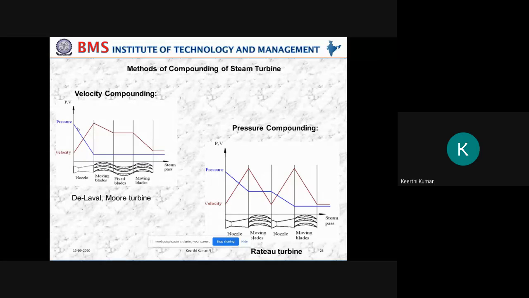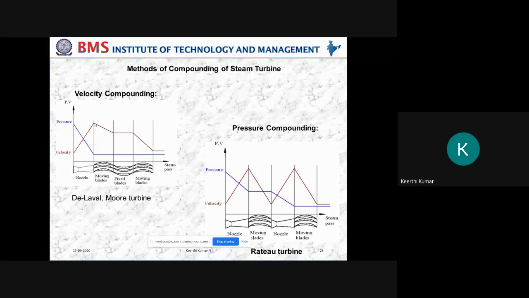Okay. So still we are in the nozzle stage. If I go to the moving blade, under velocity compounding the pressure remains constant but the velocity reduces. That's where the name velocity compounding comes from. In the moving blades the velocity reduces, and this reduction in velocity is converted to rotation of the blades.